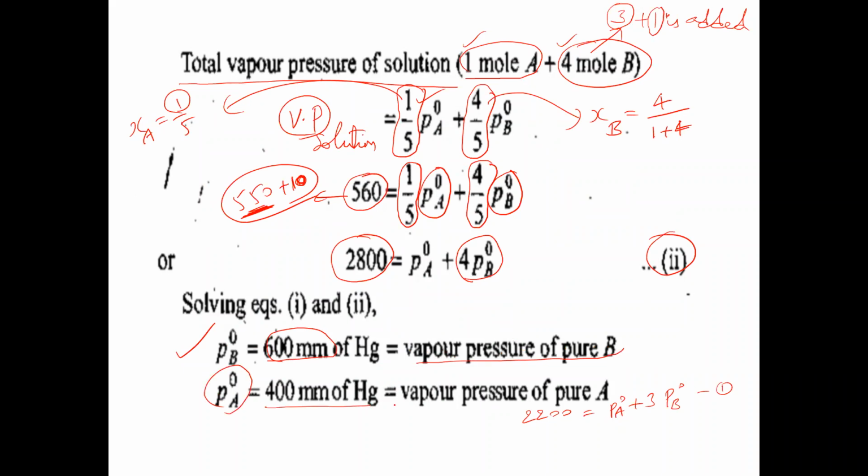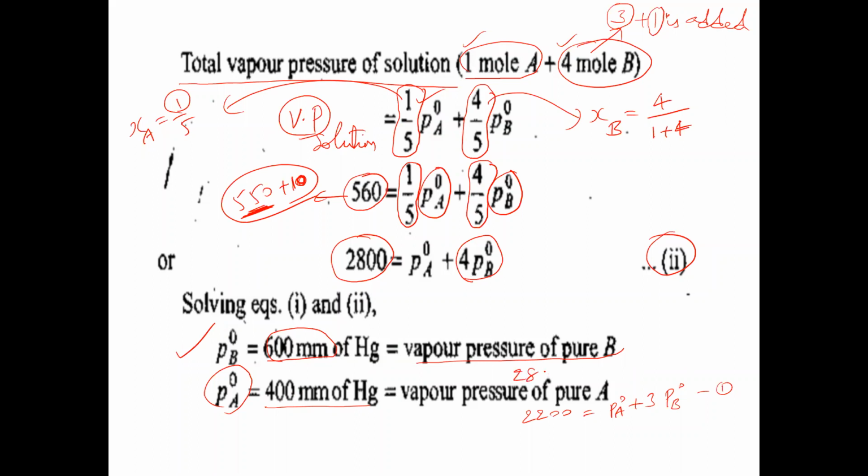400 mm. Why is the vapor pressure of pure liquid B more here? Because of more number of moles. So we have to get the vapor pressure of pure liquid A and of pure liquid B. Is that clear now? We have to solve equation 1 and equation 2.